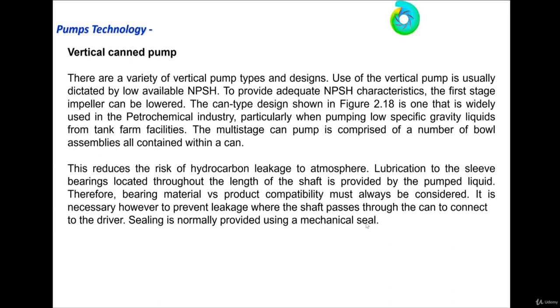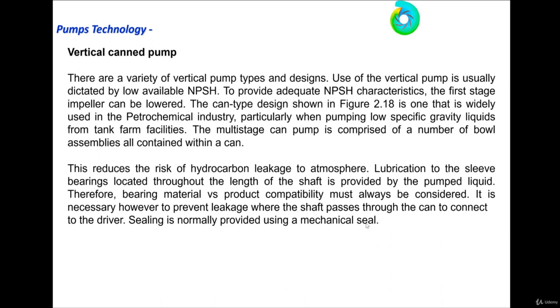Usually the low viscosity or low specific gravity liquids have a low net positive suction head available. The multi-stage can pump is comprised of a number of bowls. What is a bowl? The bowl assembly contains one impeller. Each bowl contains one impeller. This reduces the risk of hydrocarbon leakage to the atmosphere.